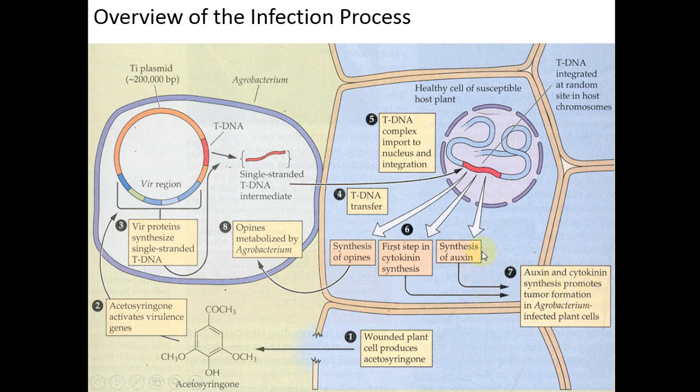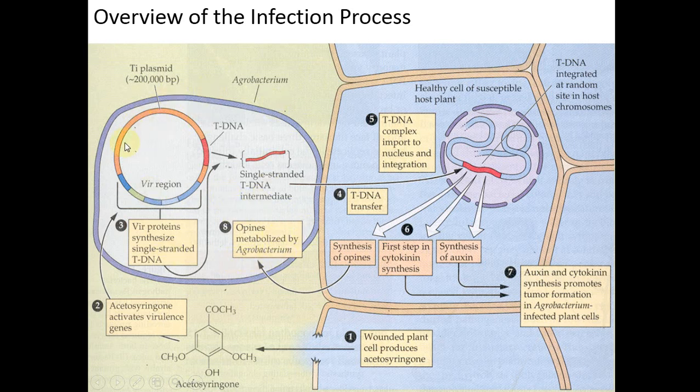Since these are plant growth hormones, if their production rate increases, they allow cells to grow, divide and redivide continuously. Okay, so this forms a tumor in Agrobacterium infected plant cells, and these opines which are synthesized, this helps bacteria to grow.